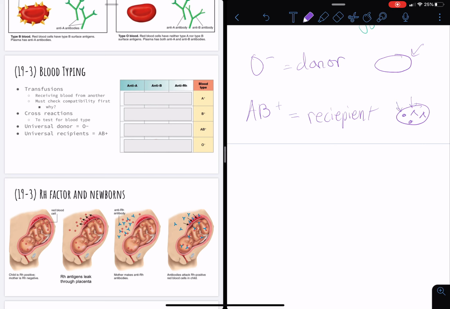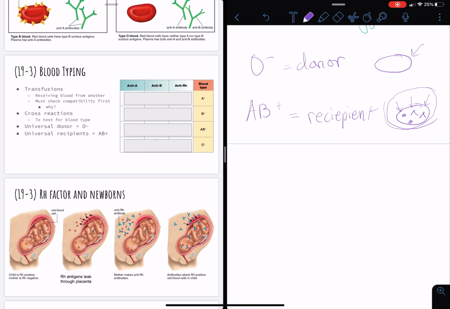So the anti-A and anti-B antibodies won't actually attack this red blood cell, because this red blood cell has both of them. So it won't attack itself, which is great. So any type of blood could be donated to this. A or B or O or a combination thereof could be donated to this person. Therefore, the universal recipient.